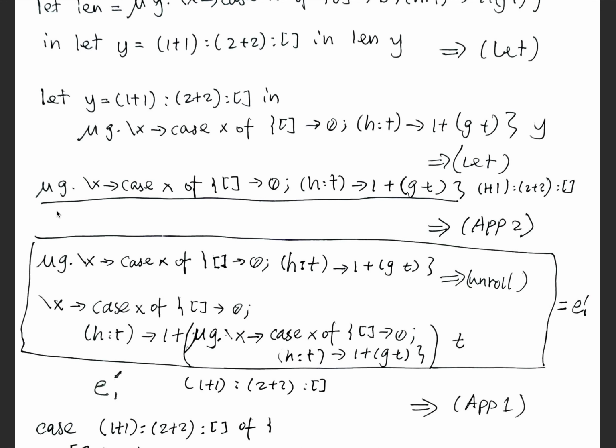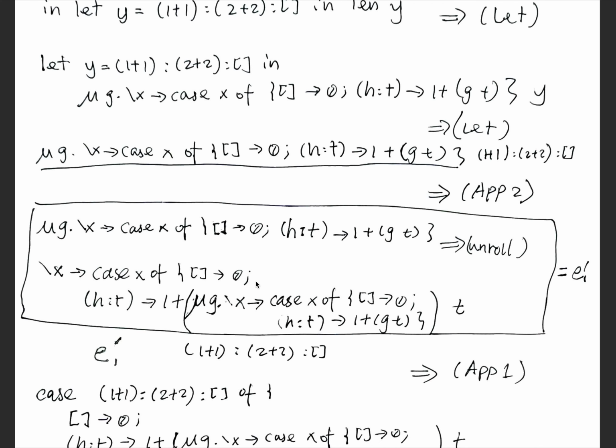To reduce this recursive abstraction into a lambda abstraction, we apply the unroll rule, highlighted in the square box here, and we create a substitution of g and replace any of the g in the body here by the entire recursive abstraction itself.